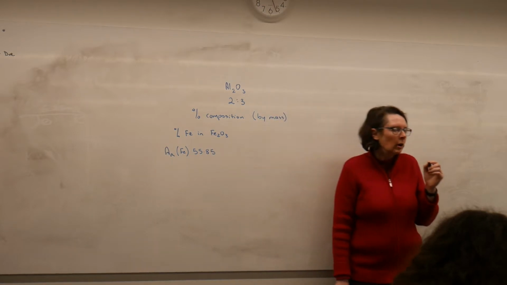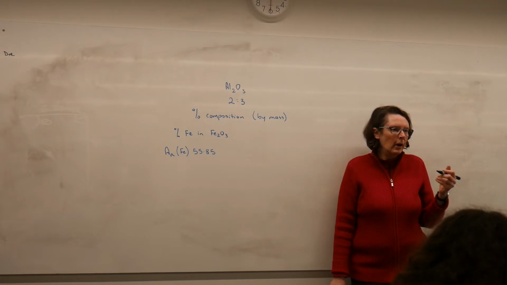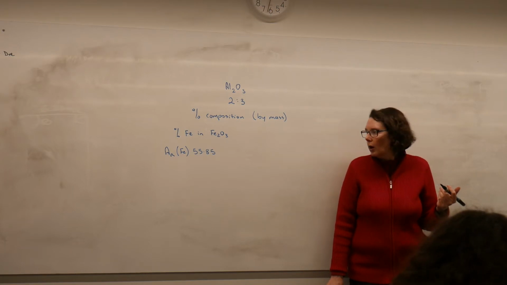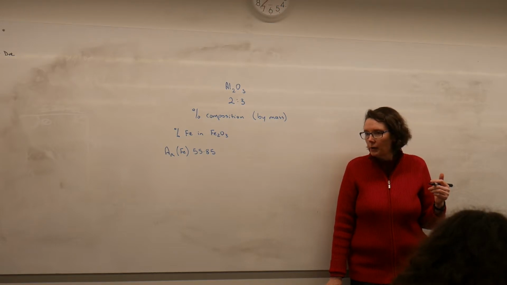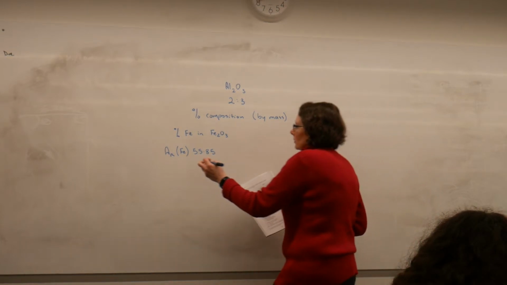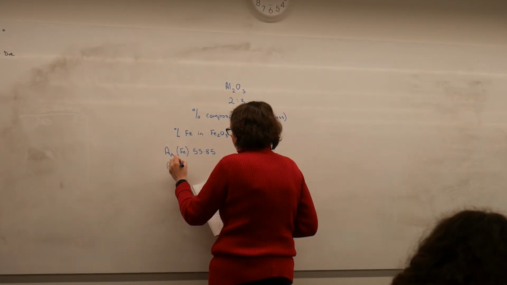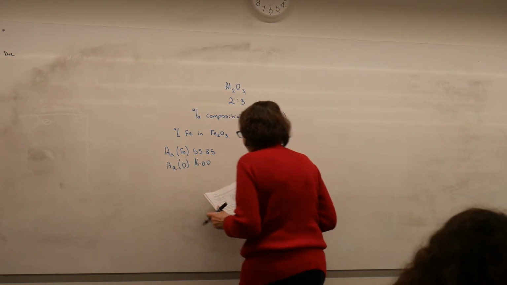We also know now that what that also means is if I have a mole of iron atoms, it will have a mass of 55.85 grams. And our relative atomic mass of oxygen is 16.00.